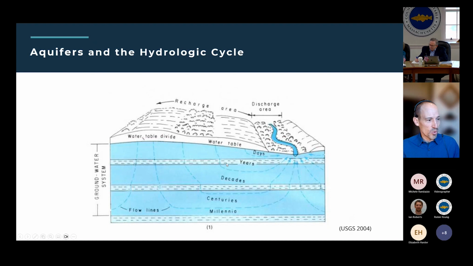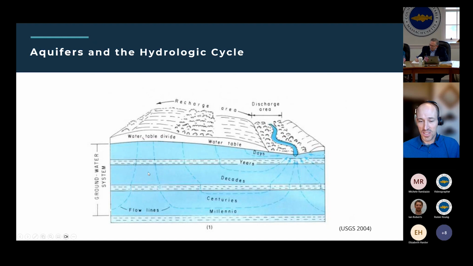And just one last thing before we move on, you can see the different timescales on which groundwater travel can occur, depending on where a particular flow path for groundwater is, whether it's located in one of those confined layers or not.